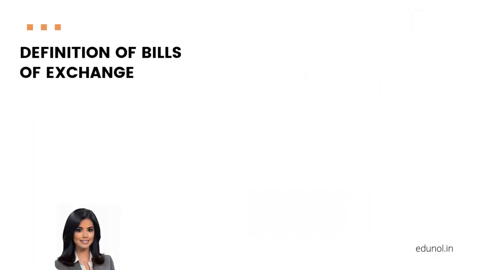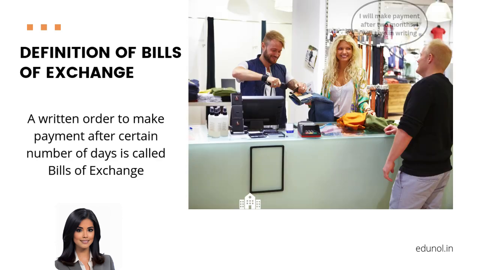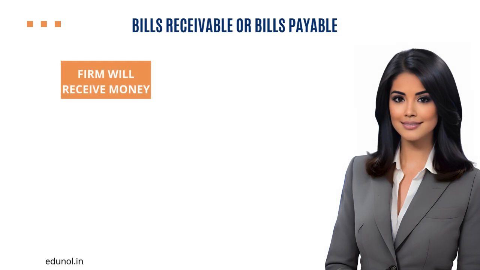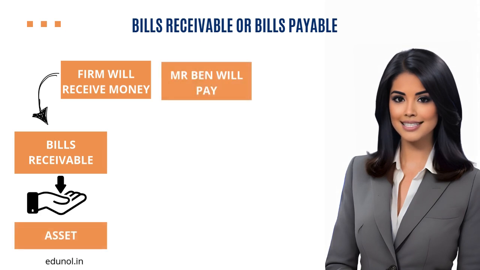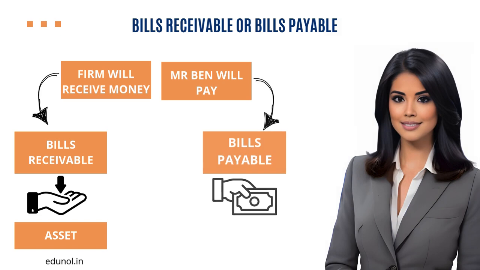Suppose Mr. Ben gives in writing to the partnership firm that he will make the payment after 2 months on a particular date. This written order is known as bills of exchange. Since the firm has to receive money, so they will call the bills of exchange as bills receivable. Bills receivable is an asset. Since Mr. Ben has to pay money, so he will call the bills of exchange as bills payable. Bills payable is a liability.